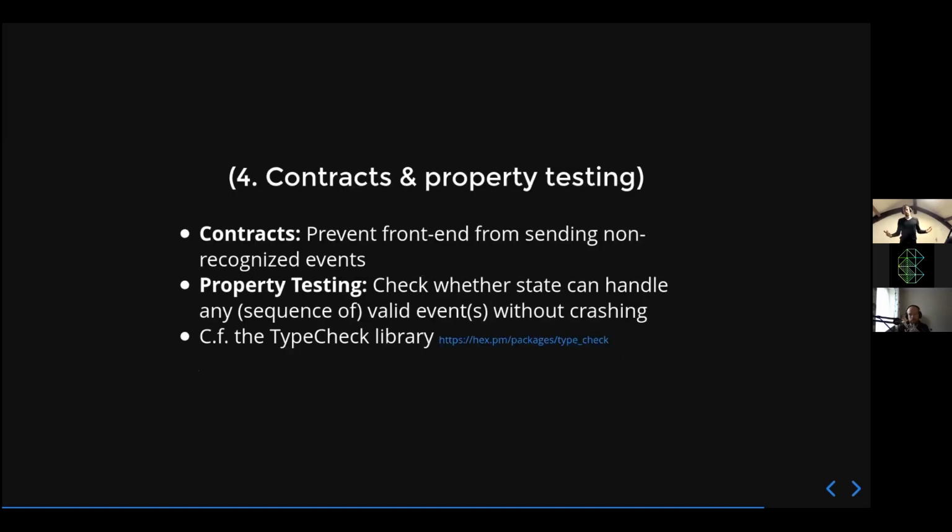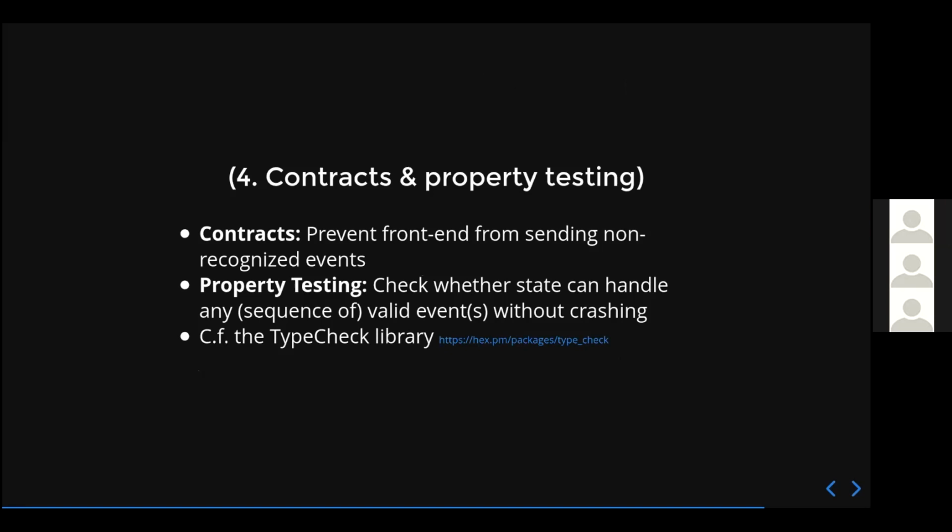Now, a fourth thing, which I want to briefly mention as an addendum, is that you can also, on top of this, it doesn't really matter in which combination with the other three things you use this, but nowadays there are a couple of libraries. I'm working on TypeCheck.